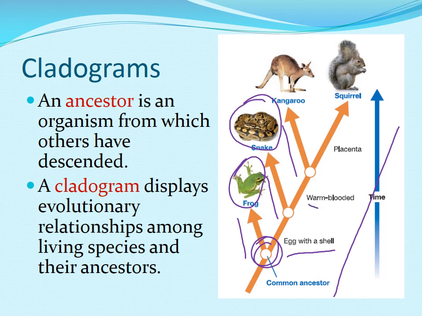And then there was a trait that came up that allowed organisms to be warm-blooded, and that had a branch-off event that gave rise to kangaroos. And then there was a characteristic known as a placenta, which made it possible for organisms to carry their developing babies inside of them for a long period of time until they were fairly well developed. And that gave rise to mammals and the group that produced the squirrel.